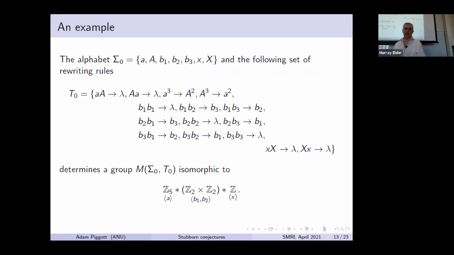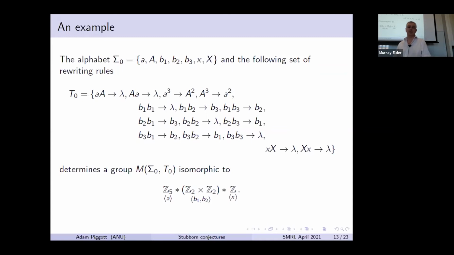So here's an example where our alphabet has 1, 2, 3, 4, 5, 7 letters, right? And they're labeled in a way that I hope is helpful. And we have rewriting rules. What a rewriting rule is, it gives you an allowable substitution. And here lambda represents the empty word. So this first rewriting rule says if you see lowercase a followed by an uppercase A, you may replace that by the empty word. In other words, you can just omit that.